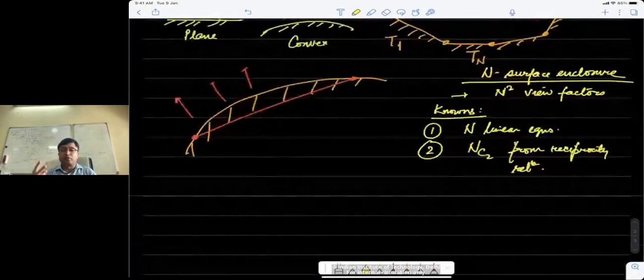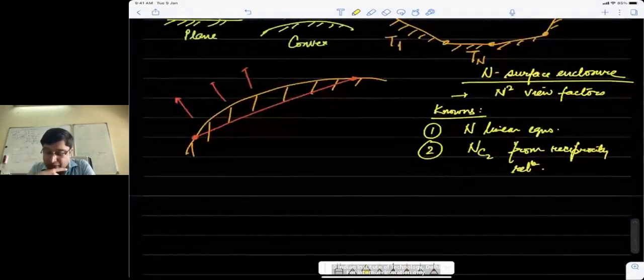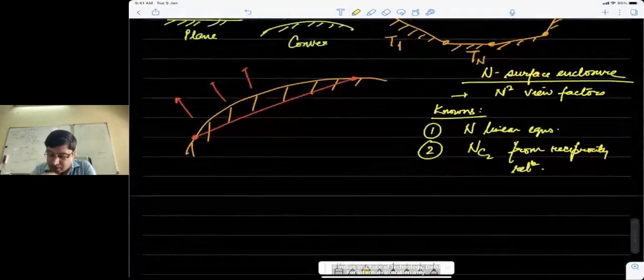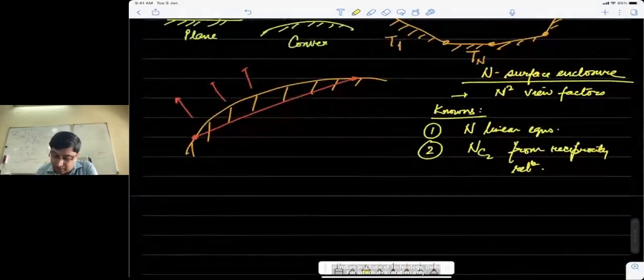NC2, because out of n you choose any two and you can write a reciprocity relation between those two surfaces. But this still will not give me the complete n square equations.